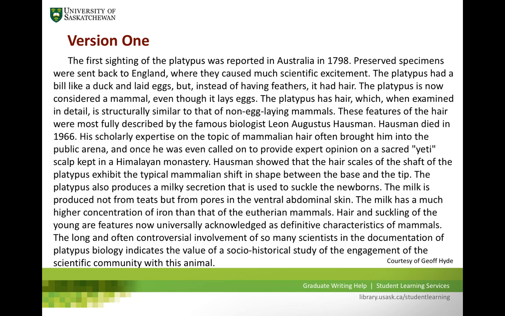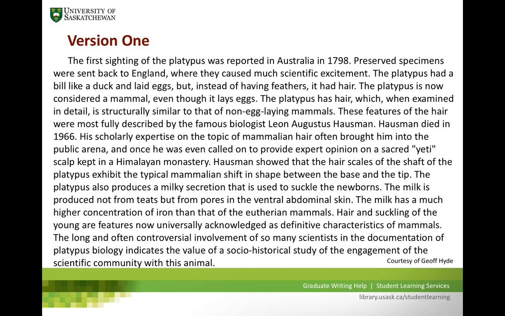We don't know whether the writer was intending to make a claim about the platypus being a mammal. We don't know whether he or she was writing this piece to describe the platypus, or whether maybe to say something about scientists like Leon Augustus Hausmann.